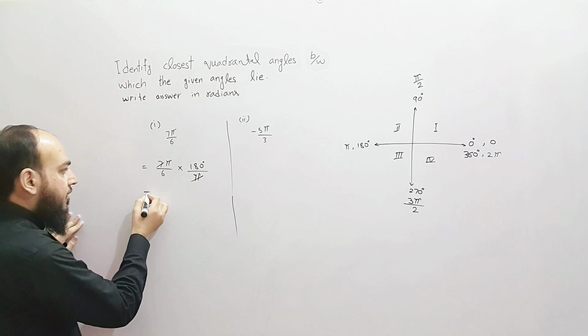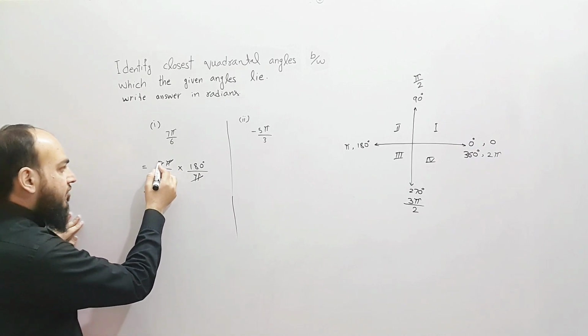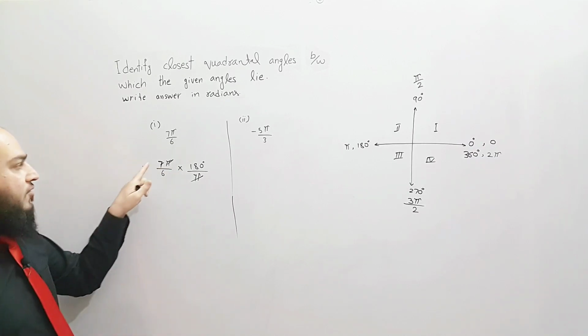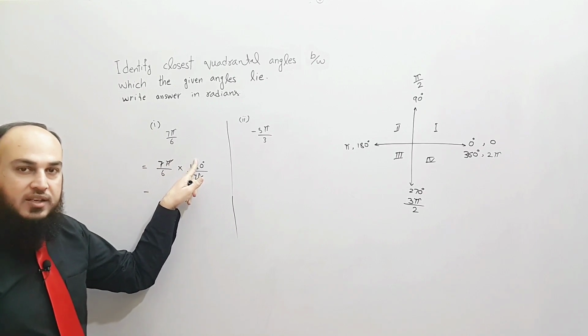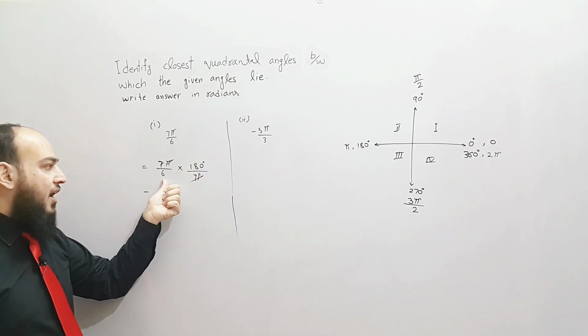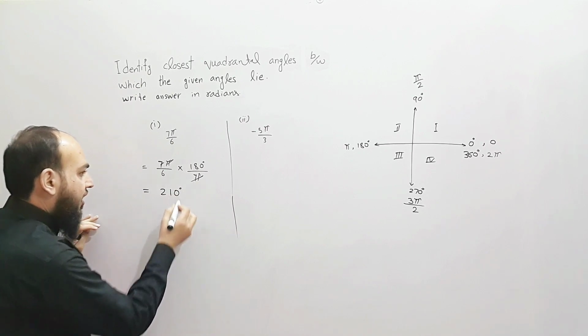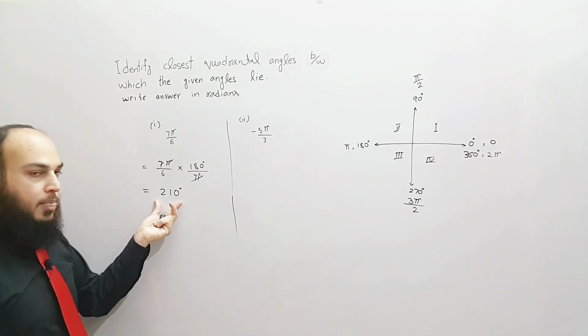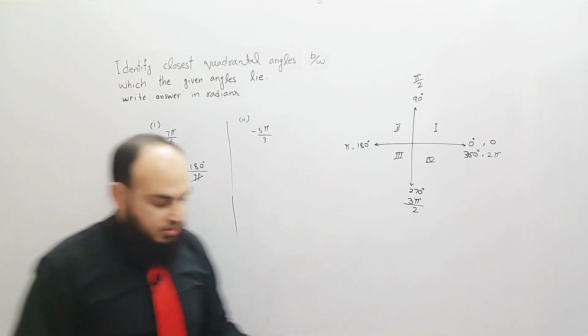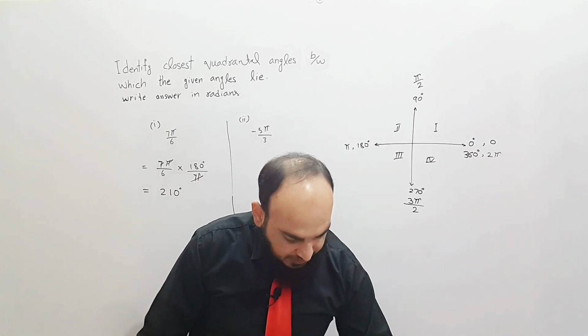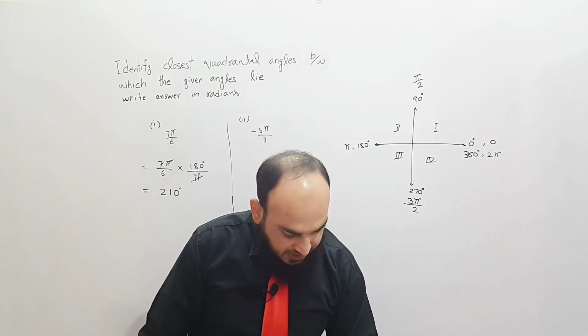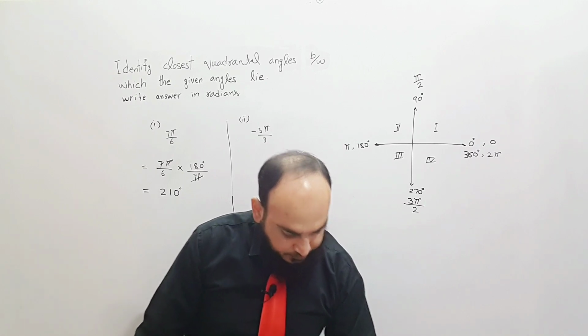Pi cancels with pi, and now you have to multiply 7 with 180 degree and then divide by 6, then you will get 210 degree. Okay, 210 degree.